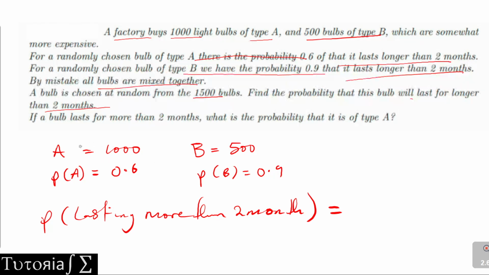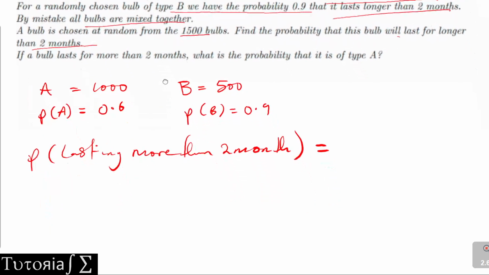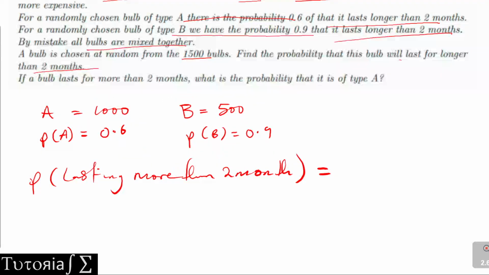So we have to find the total probability, which will just be equal to the sum of the probabilities. For instance, the number of elements in A over the total number of elements times the probability of A. Let me just write out the sum.